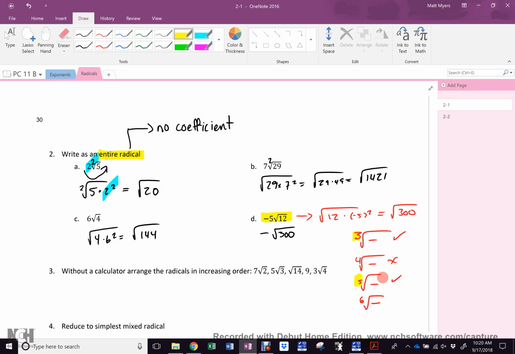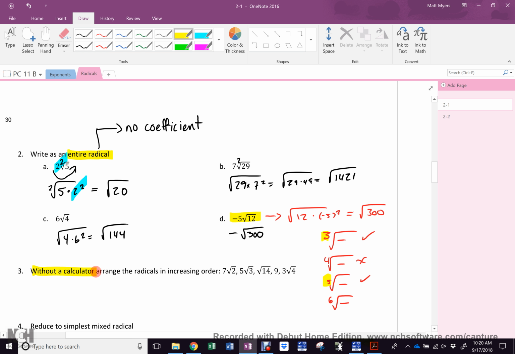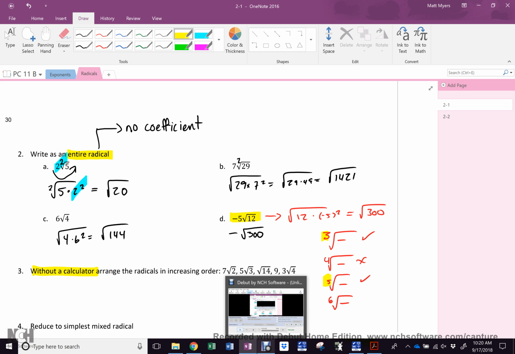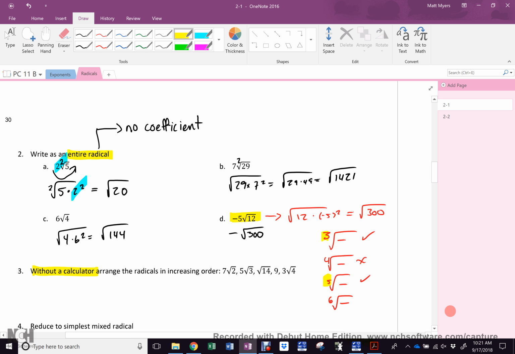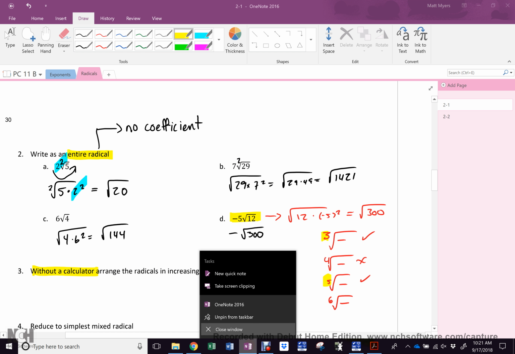Pretty cool? All right. Now, who remembers how to do number 3? Because I'm a meanie. Because I said no calculators. Talk to your neighbor. See if you can remember how to do that. Go. How do you do this without a calculator? There's a couple of ways you could do it. Would anybody like to volunteer their way?